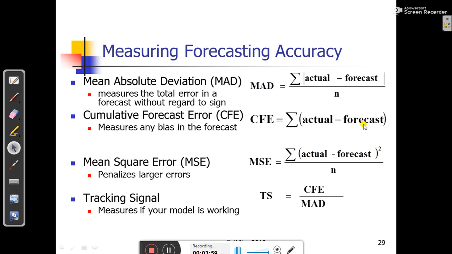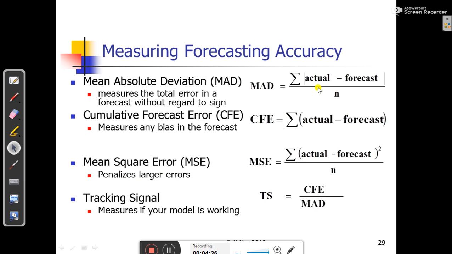The value of actual minus forecast might be negative or positive, but as a whole we sum up everything, and whatever we find will be the cumulative forecast error, or it can be said to be the bias in the forecast. The third one is mean square error, which penalizes larger errors.